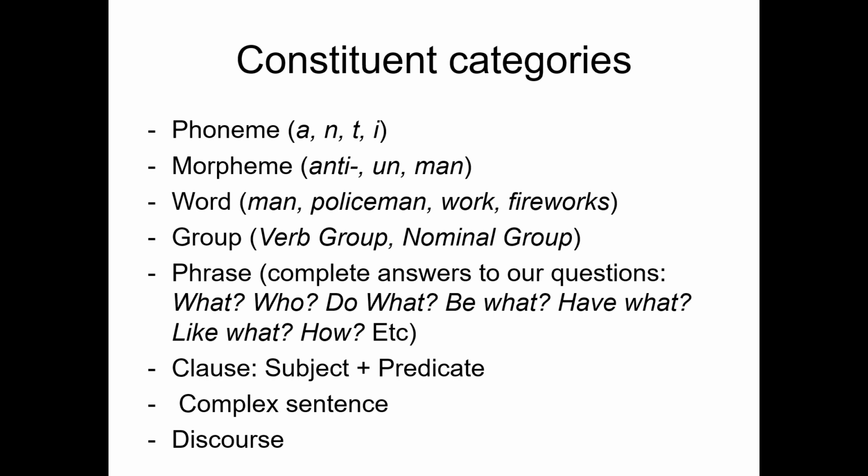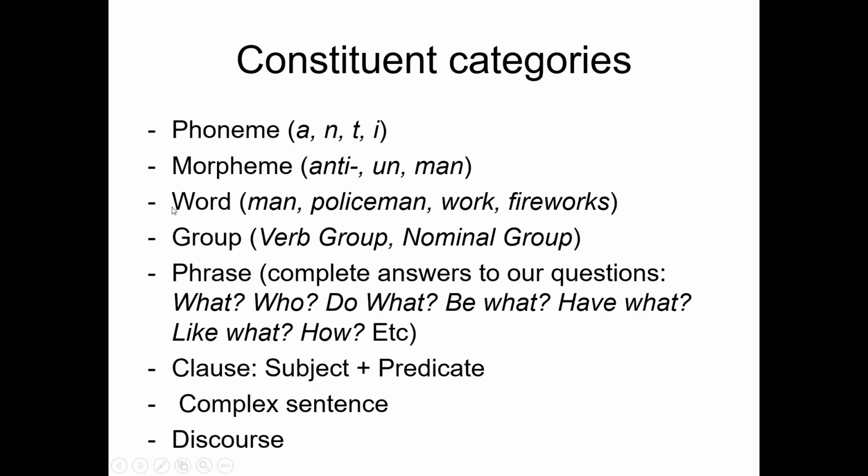So a phoneme, the individual sound, which is a vowel like a, e, or consonant like n, t. So this is the smallest. Then you have morphemes, which usually consist of a few phonemes, a few sounds.